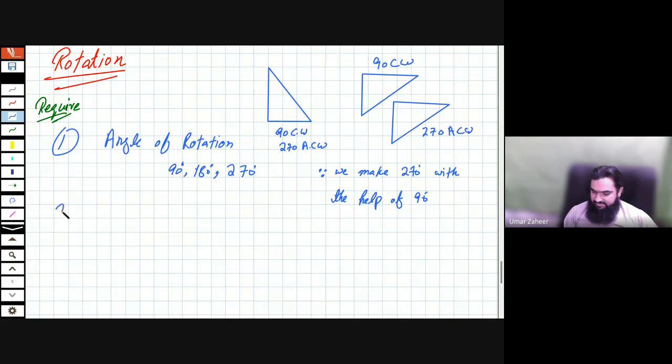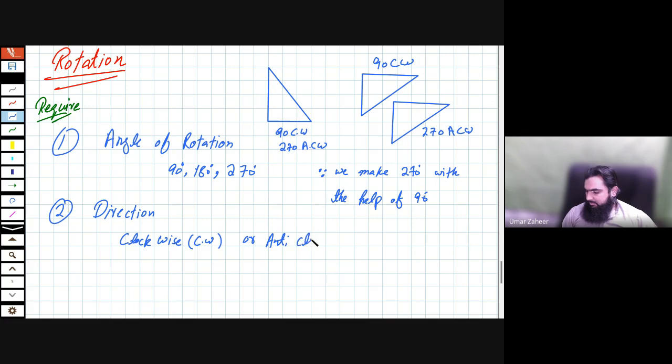The second thing is the direction. Direction means you are doing clockwise, so we write CW, or anti-clockwise, or counterclockwise, ACW.